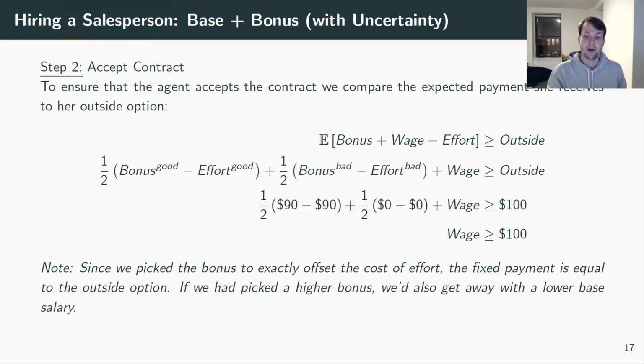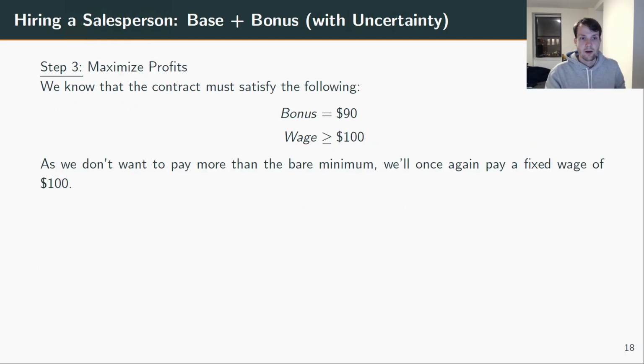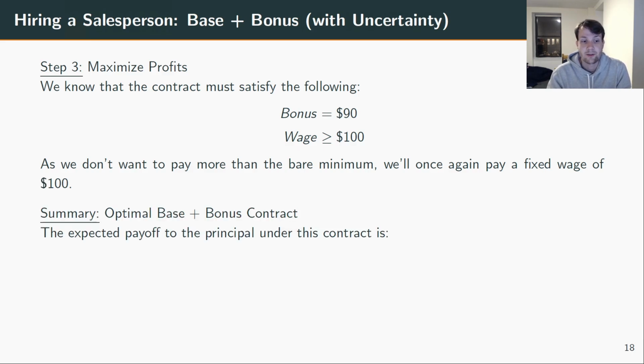And again, we get that the wage must be weakly greater than 100. Now we know the bonus is 90, the wage must be at least 100. Since we want to maximize payoffs to the principal, we're going to set the base wage to $100.